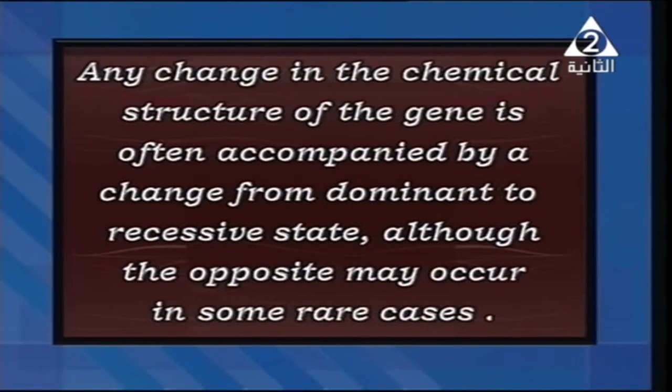Any change also in the chemical structure of the gene is often accompanied by change from dominant to recessive state. Dominant, I mean the controllable one, the main one, the most common one, to the recessive one, the most retreated state, the most retreated trait.